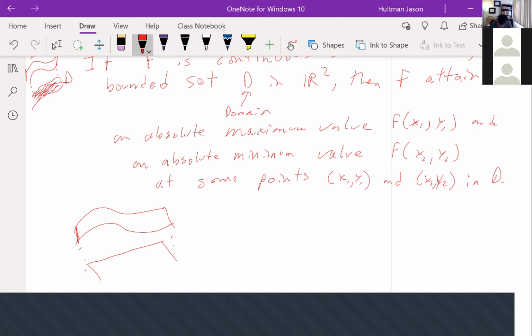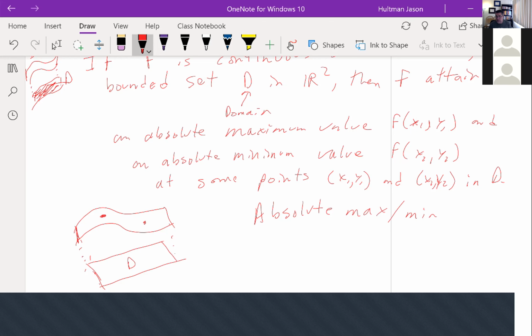Well, it would just be a rectangle. The projection of this would just be a rectangle. We'll call that D. And we're saying, look, at some point there's going to be a maximum value and a minimum value. Think of this as analogous to absolute max and min.